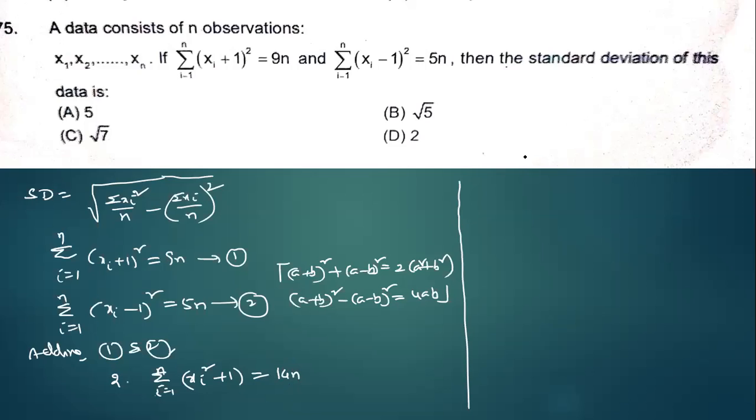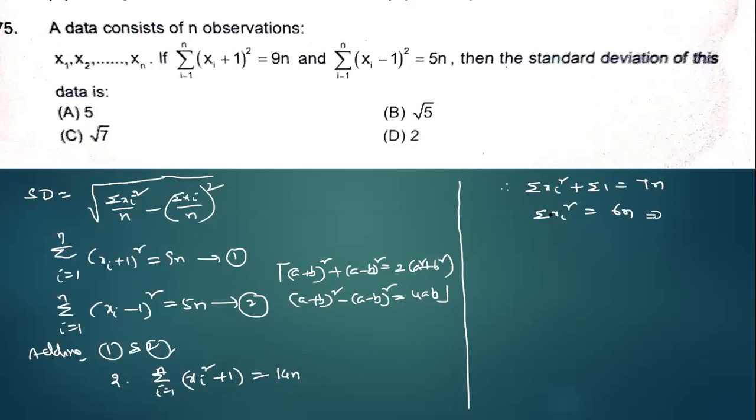Therefore, sigma x square plus sigma 1 is equal to 7n divided by 2. Sigma 1 means n, so that means sigma x square is 6n.